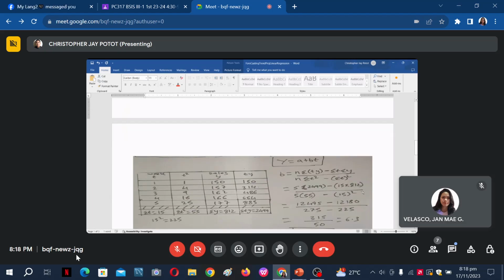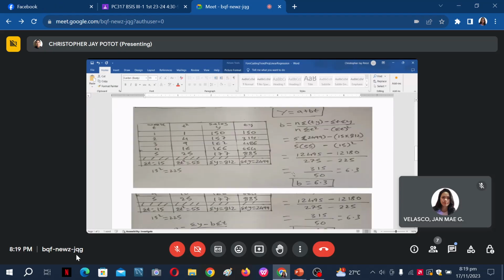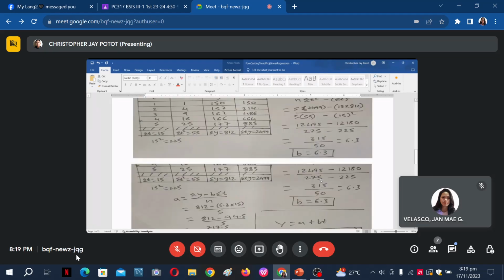Just plug in those numbers so we can come up with 12,495 minus 12,180 over 275 minus 225. To calculate, we will come up with 315 over 50, and that is our b right now, which is 6.3.